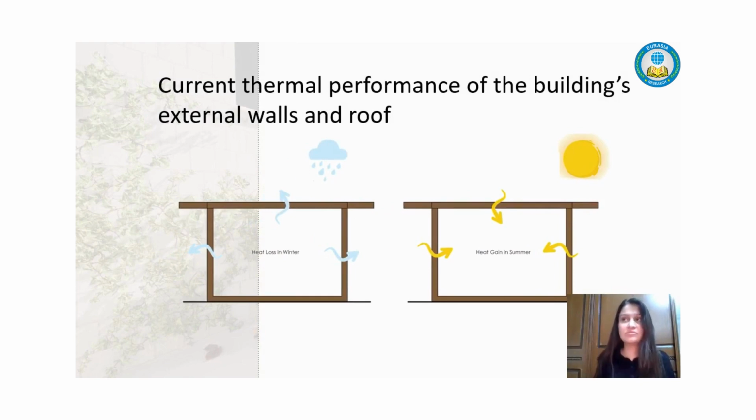The residential buildings here in Jordan have heat gain in summer, which means that we need to power the AC and use more electricity just to cool the enclosure in the summer, while in winter there is heat loss, which means that the building itself isn't helping itself. We try to heat it, but the heat escapes somehow.